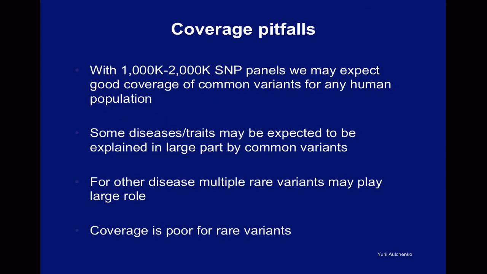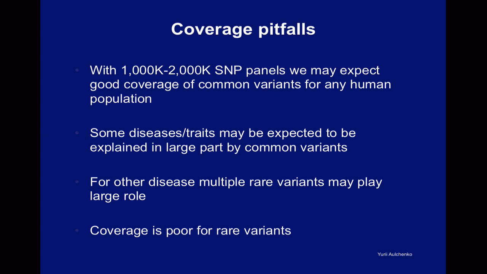Okay, nowadays we use SNP arrays which contain close to 1 million or over 1 million SNPs, and we do have rather good coverage of common variants for any human populations. So the numbers vary from 80% and more, so that's not so bad. And for some diseases and traits you may expect that they are explained in large part by common variants, but for other diseases, of course, multiple rare variants may play an important role.